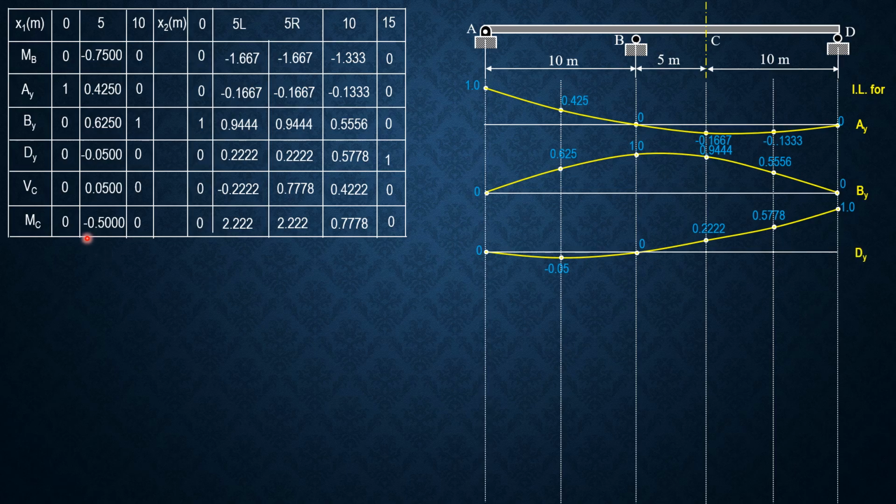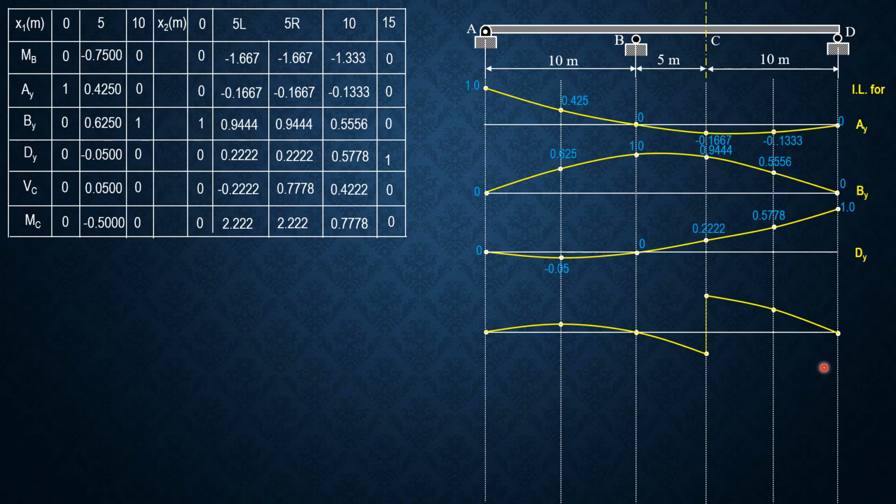Then next is V sub C. It begins with 0, then positive 0.05, 0, then negative 0.222, then it abruptly rises to 0.778 just to the right of C, then 0.422, then 0.